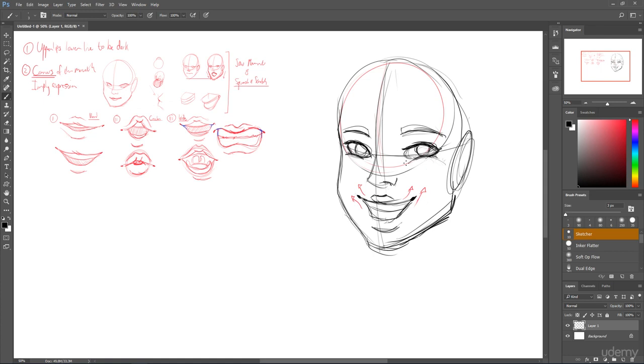Now, usually, depending on the style you're drawing, you may or may not want to draw in the compression lines that happen here from the nose, marking out the front of the mouth, moving up and compressing as well.